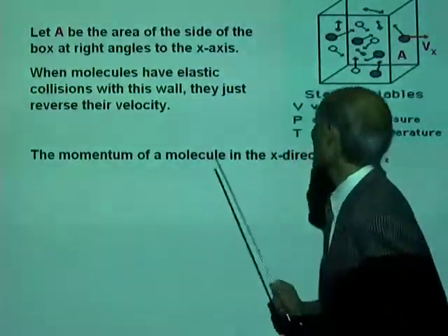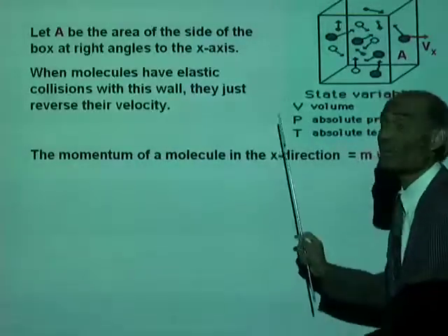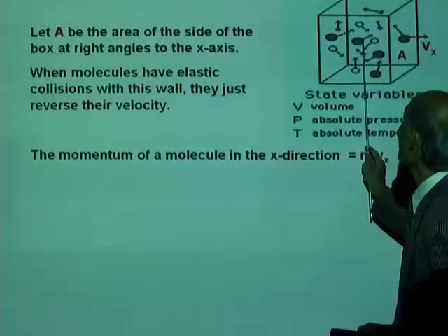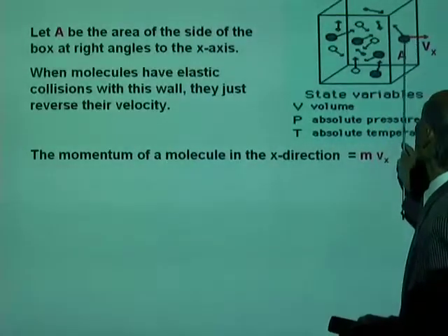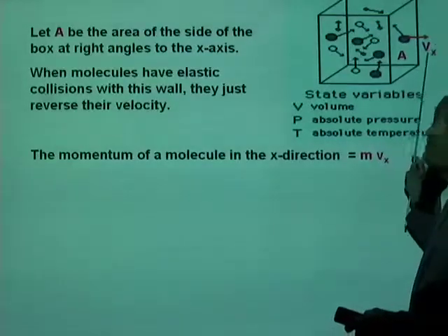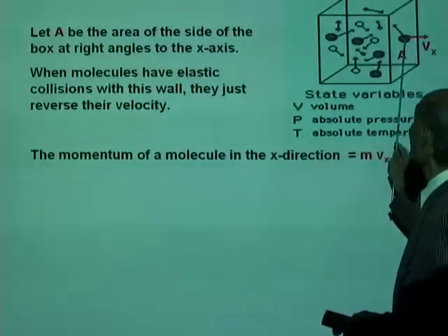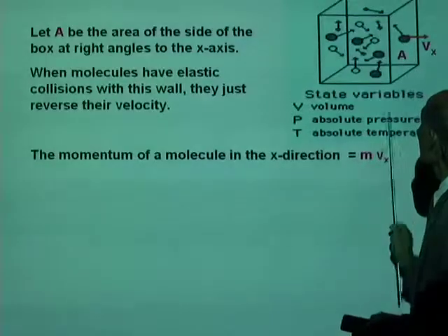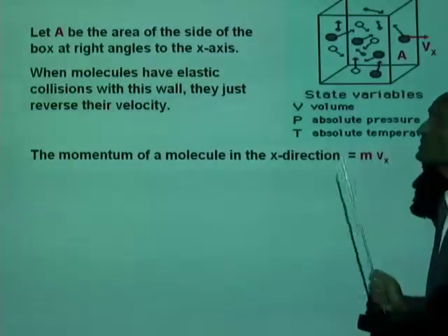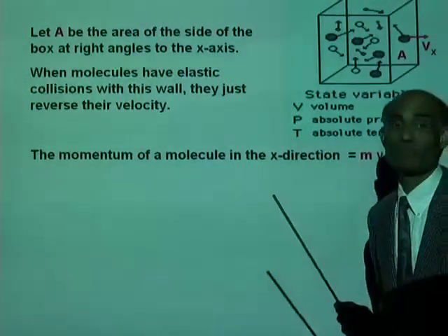The momentum of a molecule in the x direction, if you have a molecule that has the velocity, look at this. This molecule has the velocity v sub x. Its momentum in the x direction is m times vx.